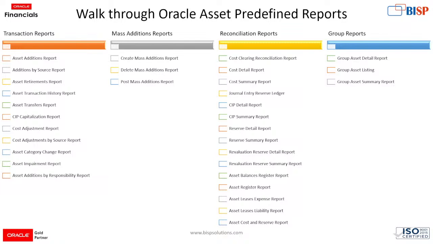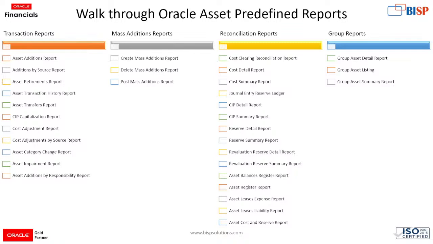And the lease liability report is a list of lease liability for a specific period, which is sorted by or group total for each balancing segment and liability account and cost center. And there is an asset cost and reserve report also. You can view the list of asset cost and depreciation reserve balance at the asset or the cost center level. You can view that also.